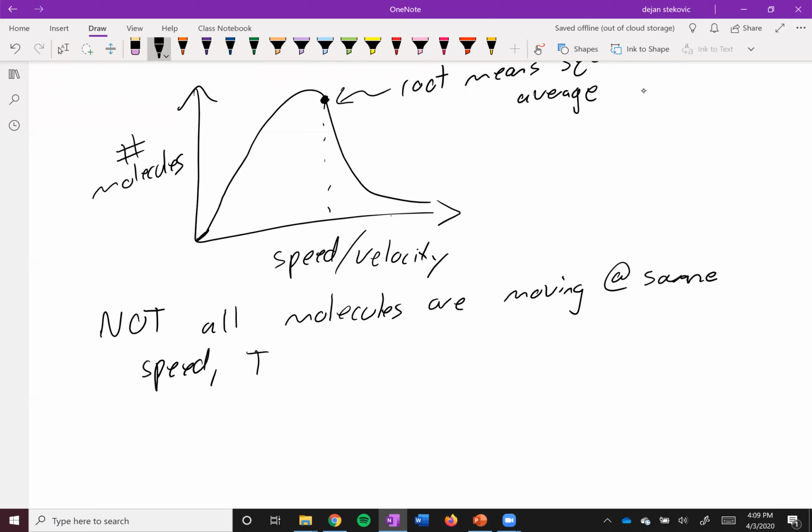But the temperature is going to be related to the average. So when you're taking the temperature of something, what you're doing is taking the average speed of these molecules.